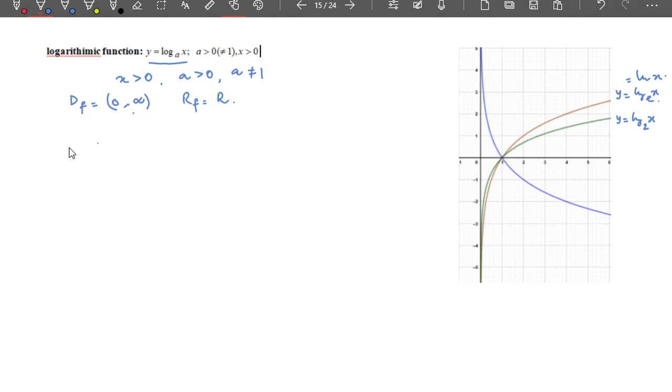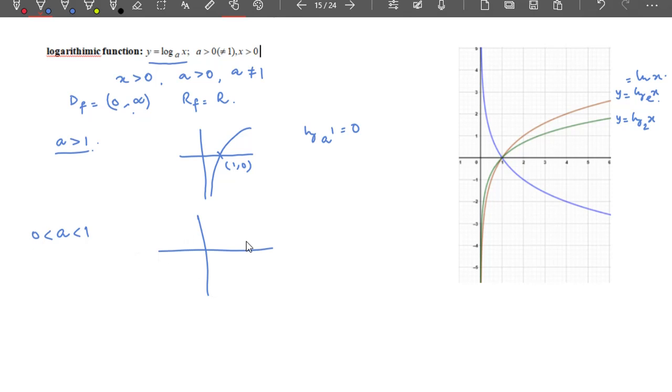So this also has two types of graph. When a is greater than 1, its graph is like that. That point is 1. Log of 1 is equal to 0 to any base. When a is less than 1, greater than 0, the graph is like that.